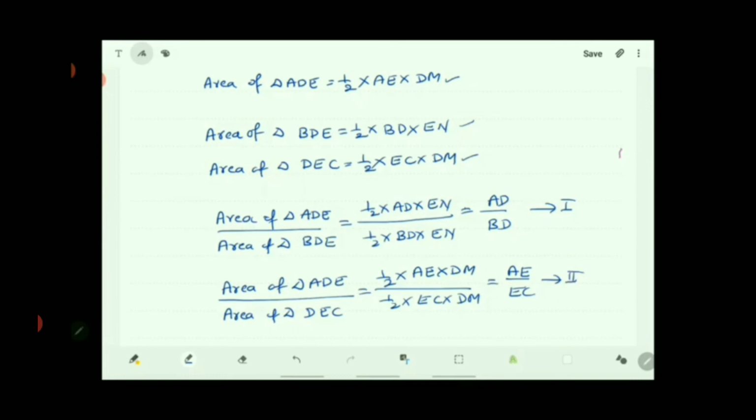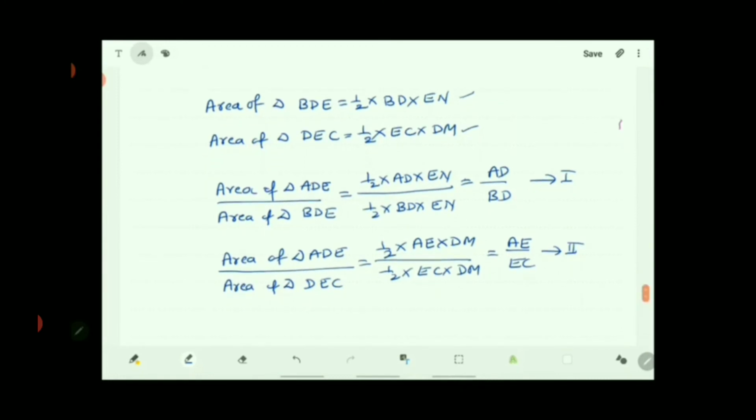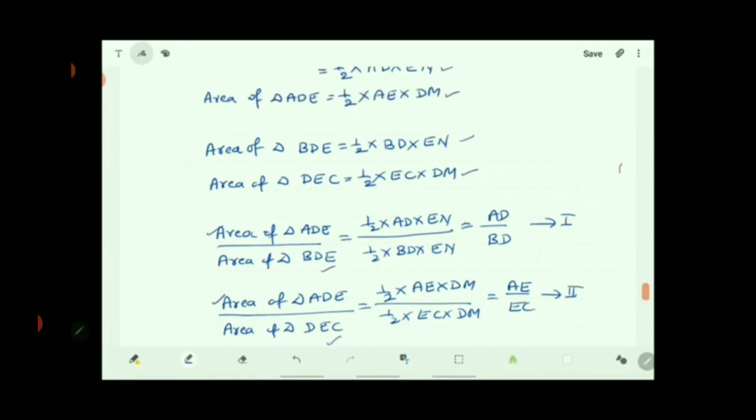Here you must observe both ratios: area of triangle ADE by area of triangle BDE, and area of triangle ADE by area of triangle DEC. The numerator is the area of the same triangle ADE, but look at the denominators: area of triangle BDE and area of triangle DEC.